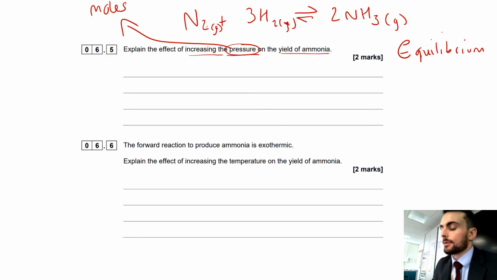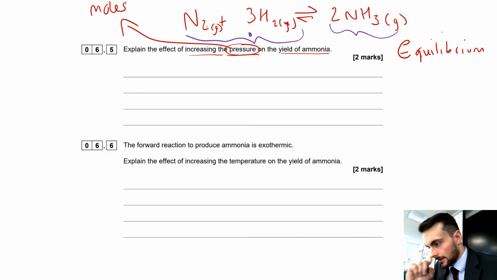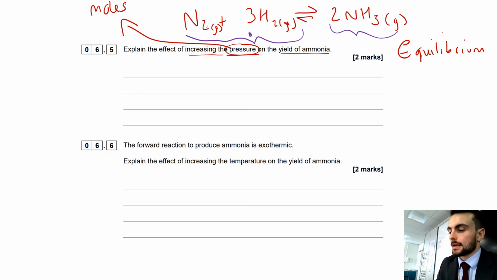So if we increase the pressure, we need to look at which side of this equation has more moles on it, and it is this side, the left side. So we can say what's going to happen is it favors the reverse reaction, so the equilibrium is going to do the exact opposite. So the first thing we can say is there are more moles of reactants.